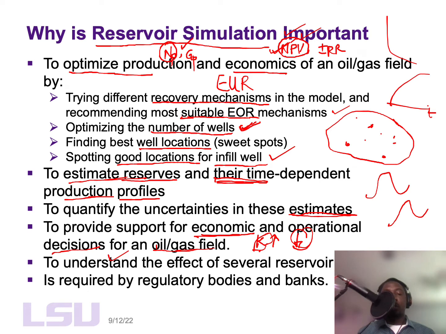And you will see that many regulatory bodies like SEC and banks that will provide you with funding, they want to see your simulation model results. They don't want to see, in many cases, your decline curve analysis, because those could be subjective, right?